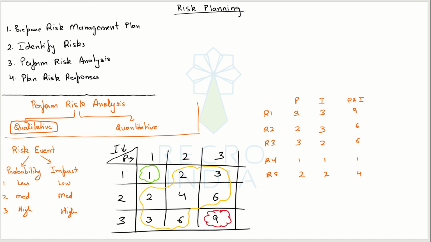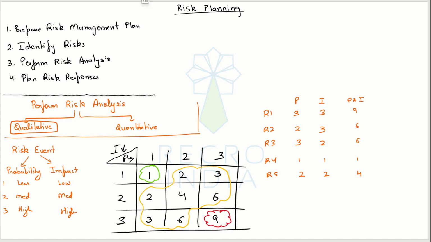Now of course these zones can be subjective from project to project, organization to organization, depending upon things like the risk-taking capacity or appetite, and how risky the project overall is. Red zone can be bigger, amber zone can be smaller, green zone can be bigger. So this is just one example that I have considered here.